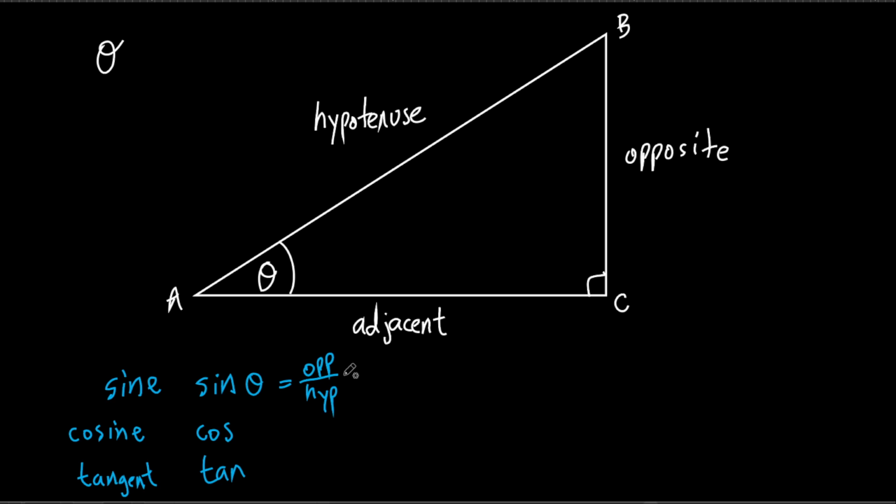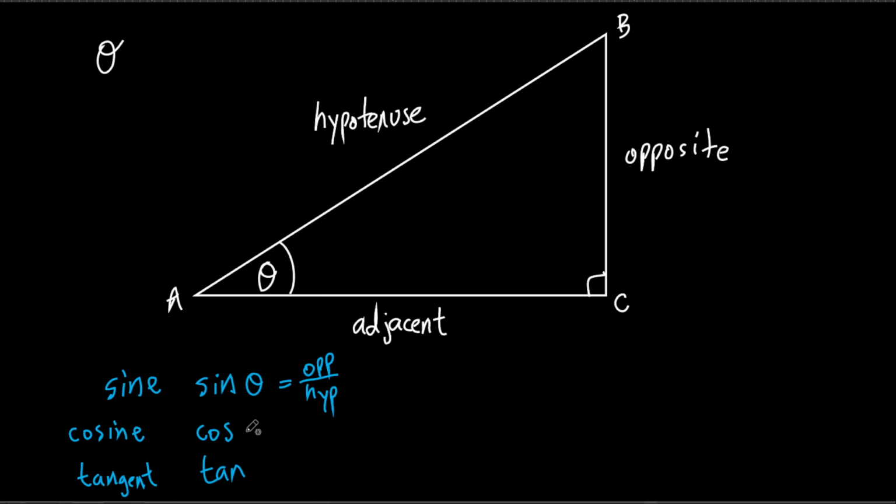So when somebody says the sine of an angle, what are they saying? They're saying, take that angle, look at the side that's opposite, look at the side that's the hypotenuse, and then divide them. That's what the sine means, okay? It's not a variable, right? It is just a word that tells you what ratio to take on a right triangle. That's all it means. Do you understand what we're saying here?